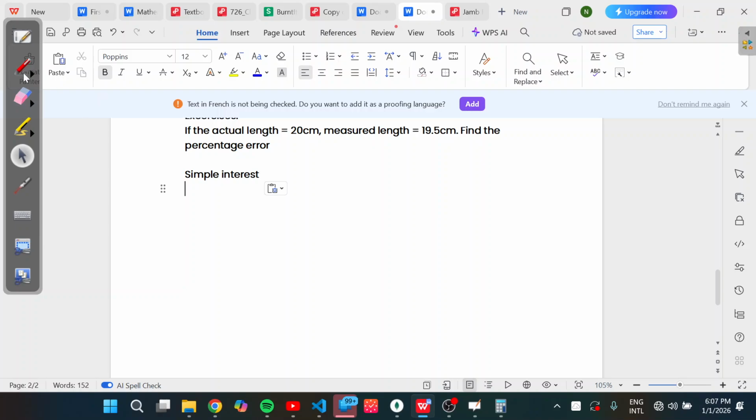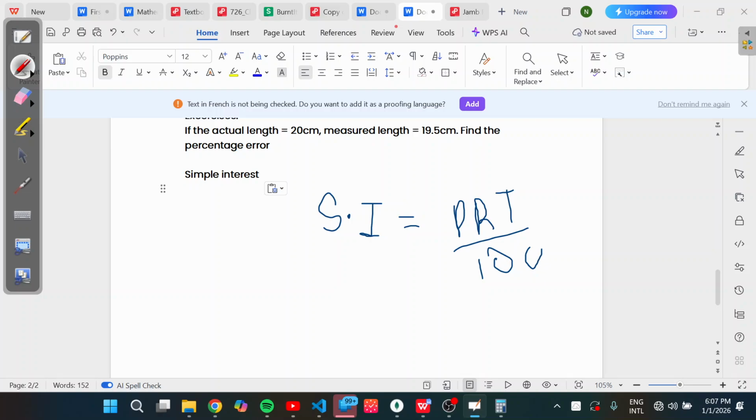So the formula for simple interest is something like this. I, which is our interest or simple interest, you can have I or some textbooks say SI, is equal to PRT over 100. P stands for principal, R stands for rate, and T stands for time. So simple interest is actually quite simple.